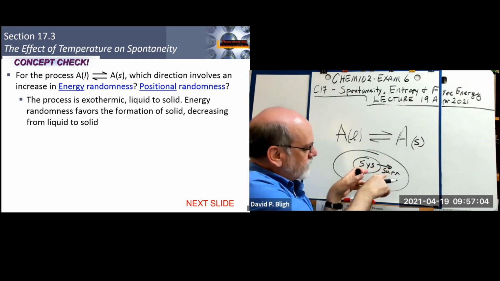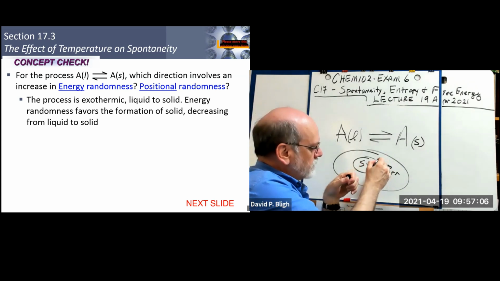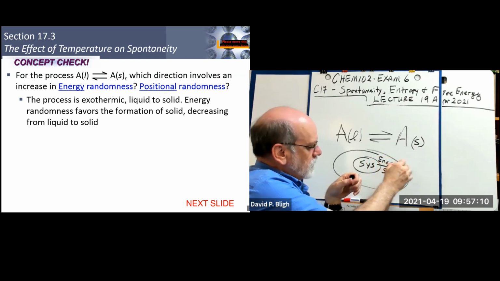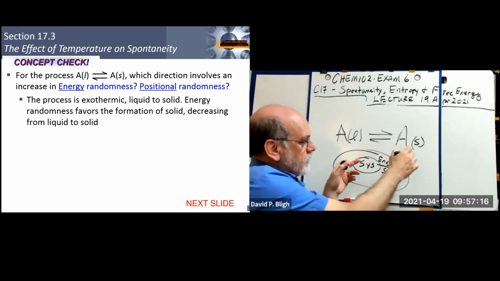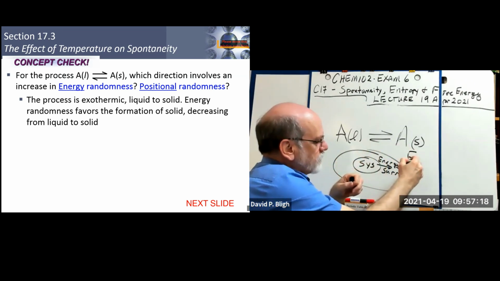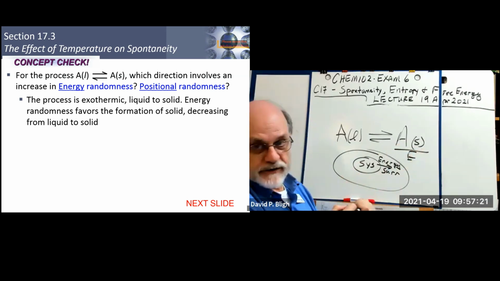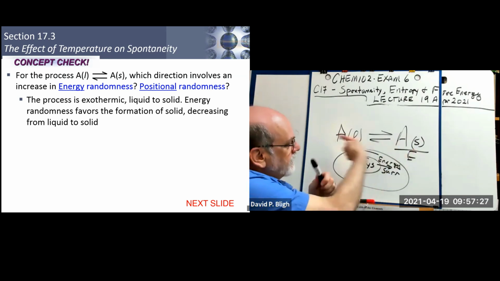So the energy randomness we're talking about here, that transfer stabilizes the system, and that would favor, so energy randomness favors the solid, whereas positional randomness increases that direction.